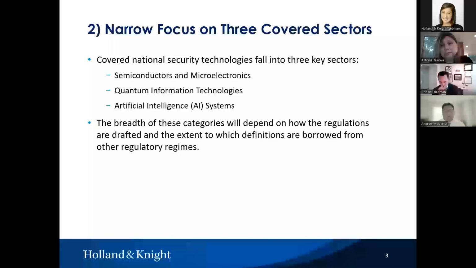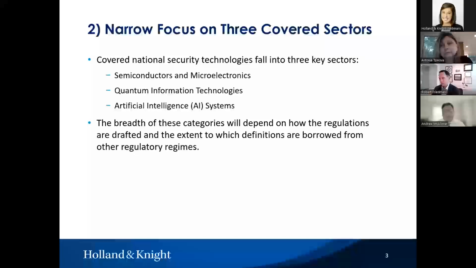One in particular is under the export control regime. For instance, the Department of Commerce, Bureau of Industry and Security has a set of new regulations from the end of last year that hone in on semiconductors and microelectronics. There's also an area of potential restrictions in the so-called emerging technologies area.